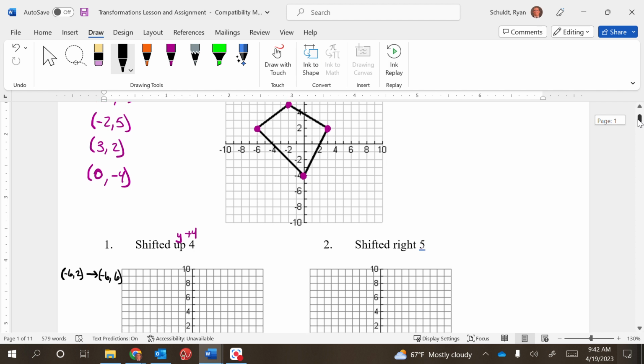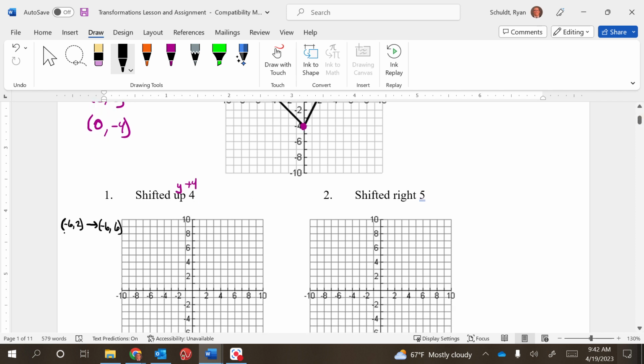Then it was at -2, 5. If I add 4 to the y, it's going to be -2, 9. Then we were at 3, 2. If I add 4 to the y, that would make it 3, 6.